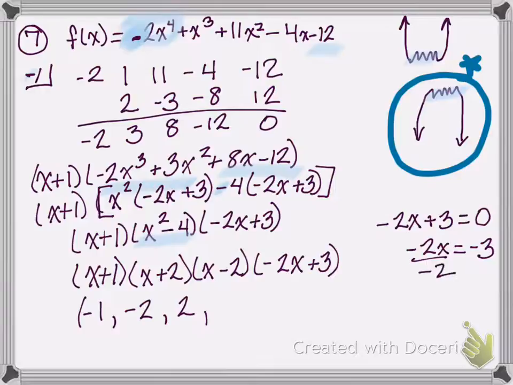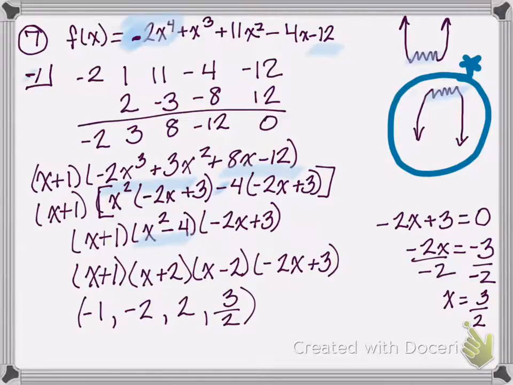Divide by negative 2, and I end up with x equals 3 over 2. So don't hesitate to write that down if you need to. So these are my 4 zeros. And we're going to use those 4 zeros in order to determine intervals.